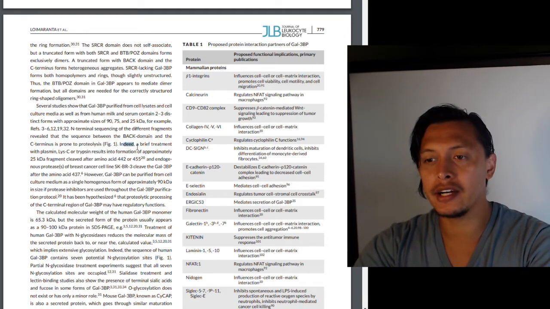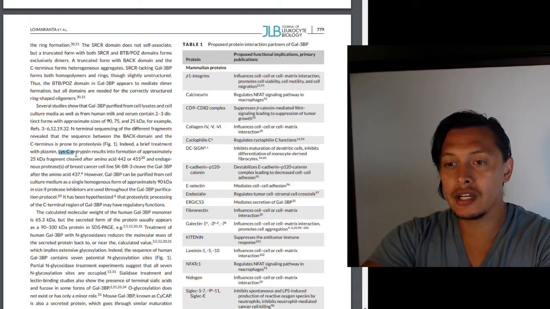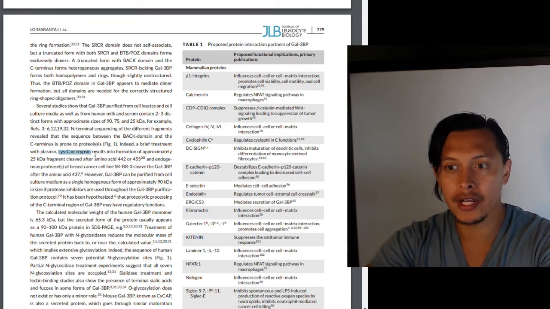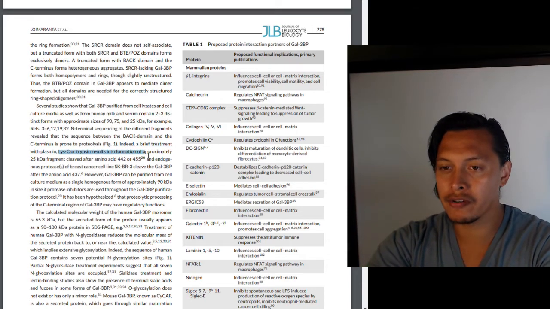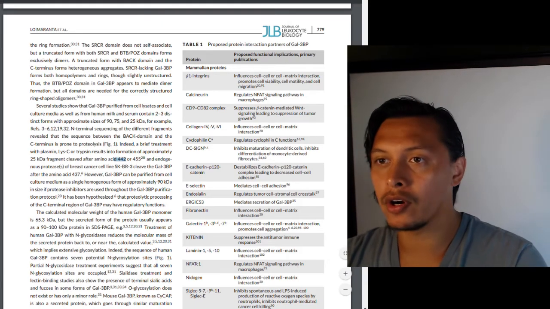So indeed, a brief treatment with plasmin or trypsin, so these are different proteases, results in the formation of an approximately 25 kilodalton fragment cleaved after amino acids 442 or 455. So let me get this UniProt.